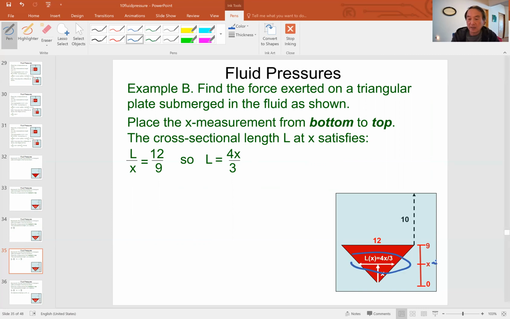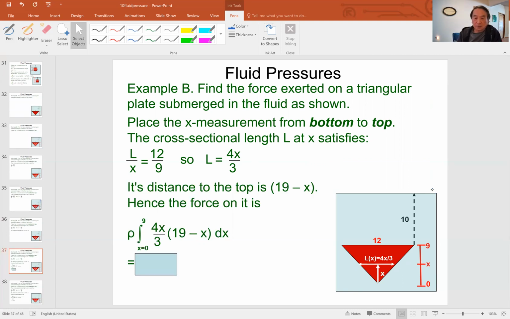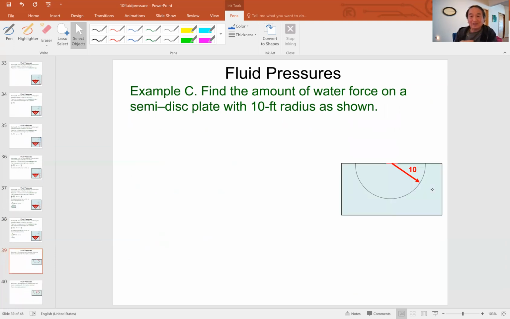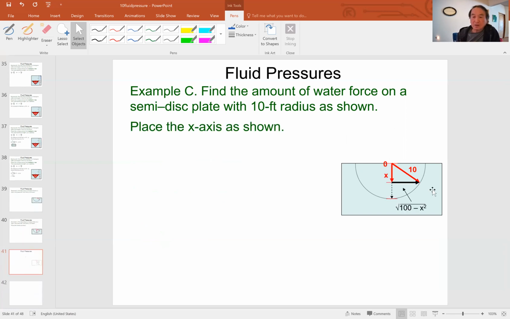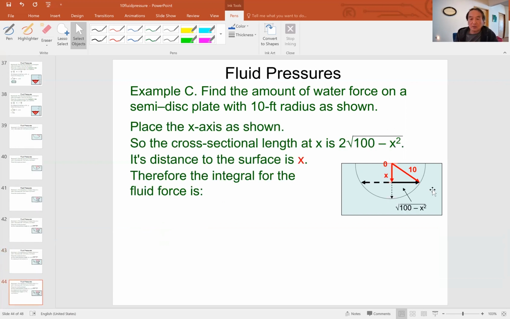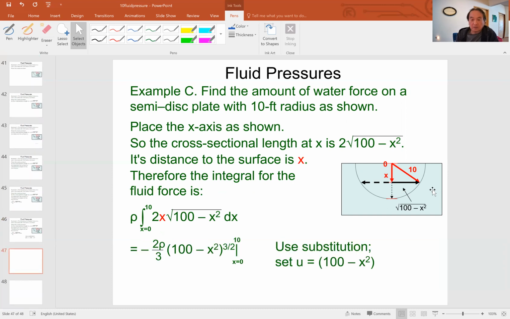Then how far is it at this stage to the top? That's the distance function, and then this is the calculation. The other shape we're going to do has a cross-sectional length that's easy to extract. Again, these are all horizontal cross-sectional lengths. These are circles, so we use the Pythagorean theorem. I'll leave this up to you to read and set up integrals.